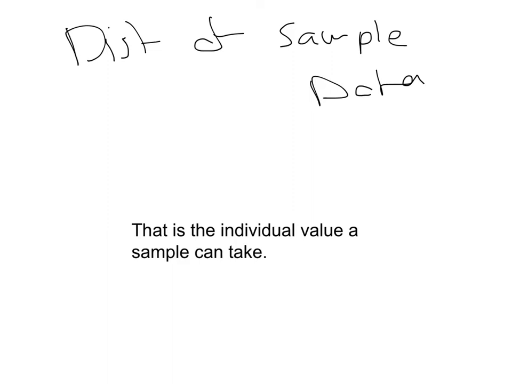You're like, wait, didn't we just say that's what the sampling distribution is? Well, no, it's sort of different. They are pretty similar, but at the same time they're also very different.